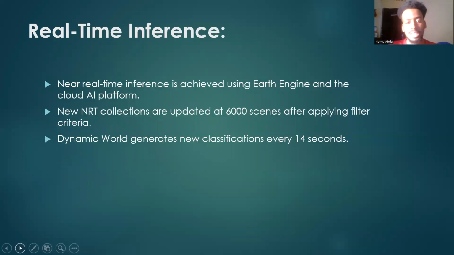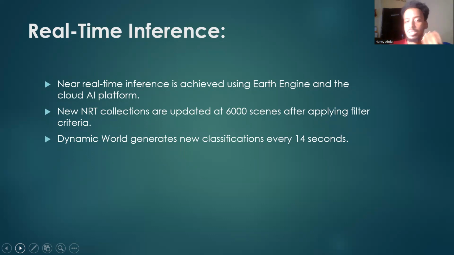First of all, we're talking about real-time inference. The use of the Cloud AI platform, as well as Earth Engine, allows us to obtain data that is near real time. The challenge is that we can never get satellite data at exactly real time, because the satellite has to rotate around the Earth.